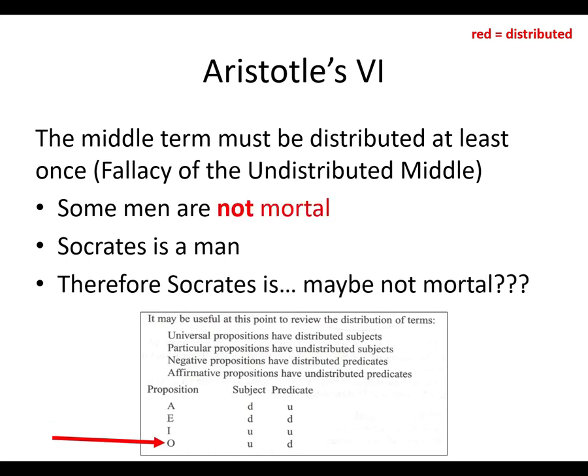Finally, if I say some men are not mortal, then I'm not claiming to know something about all men, the subject of my major premise and also the middle term, but I am claiming to know something about all of mortality. Specifically, I somehow know that some men lie outside of it. It's again appropriate that no term is distributed in the conclusion. We cannot validly conclude things about the other two terms if the middle term is not distributed.